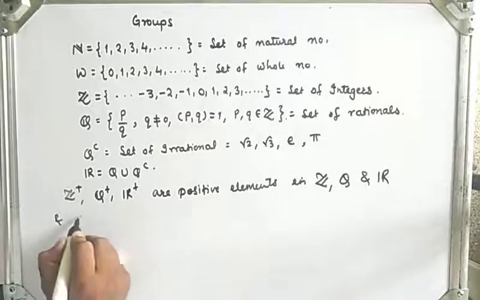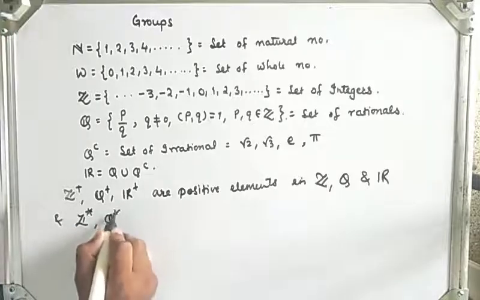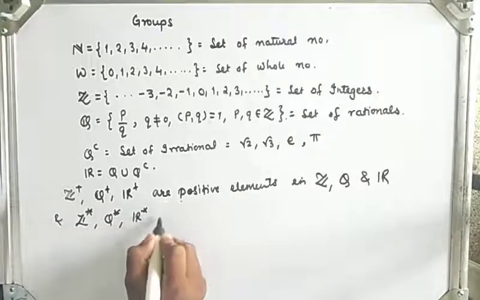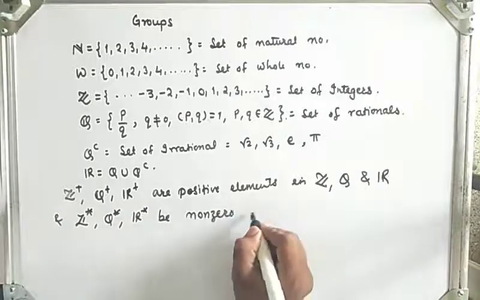If I denote Z star, Q star, R star, these are the non-zero numbers.